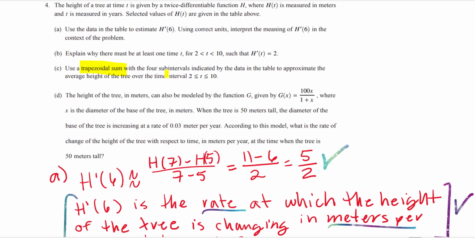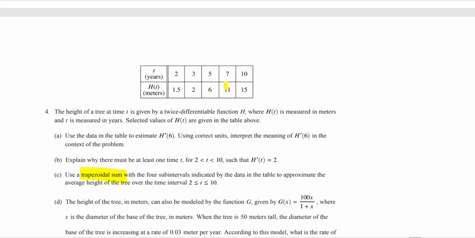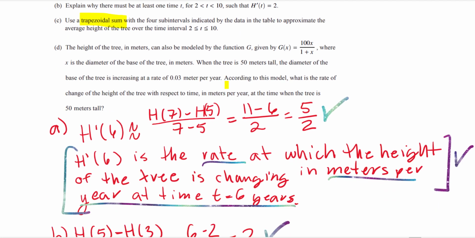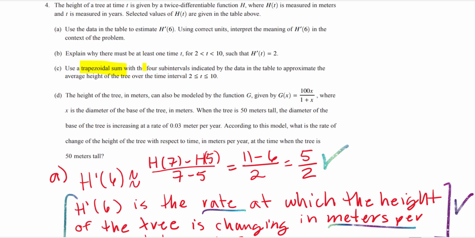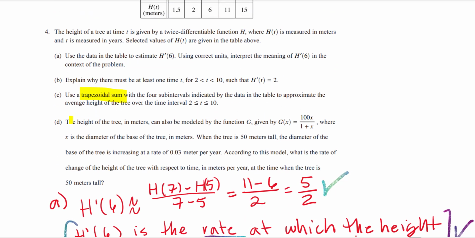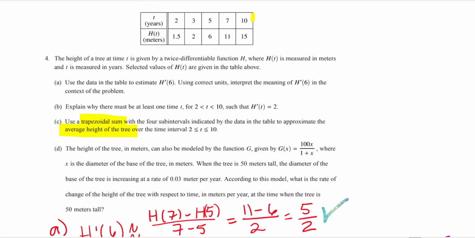Use a trapezoidal sum with 4 subintervals indicated by the data table to approximate the average height of the tree over the interval from 2 to 10. So look, they give us the 4 subintervals. It wants us to find the average height, right? We're going from 2 to 10.